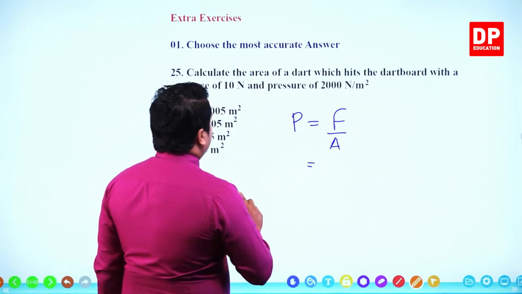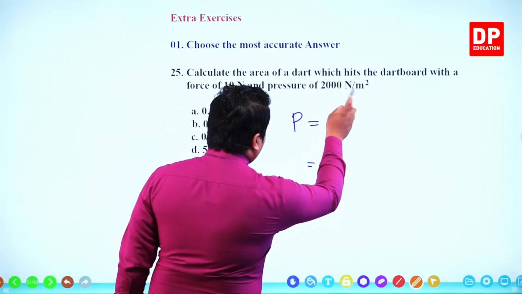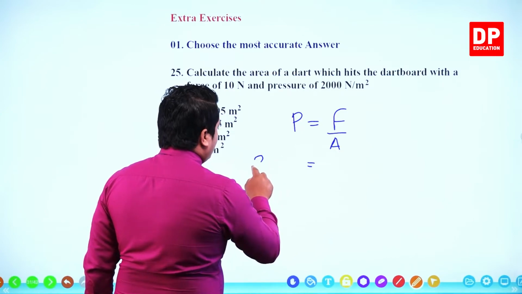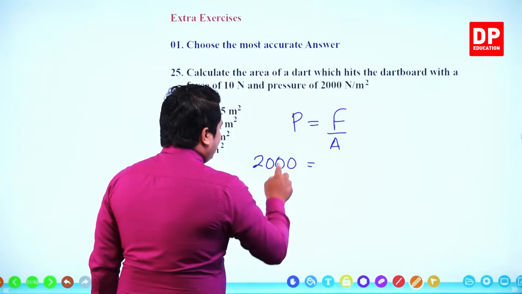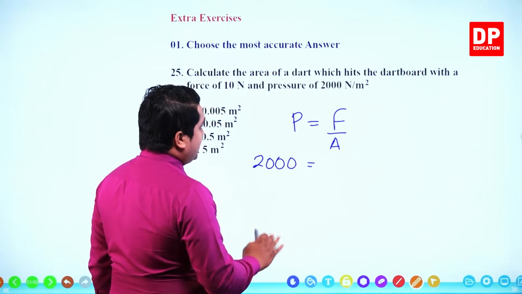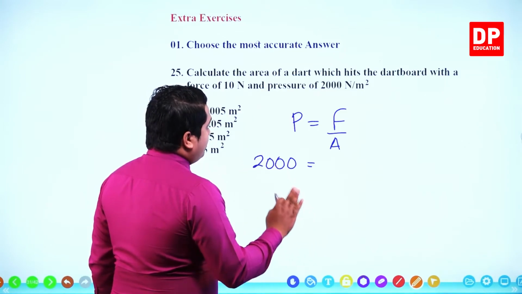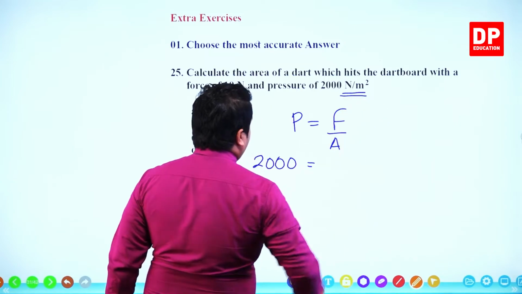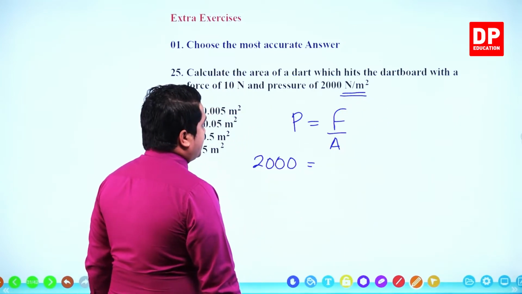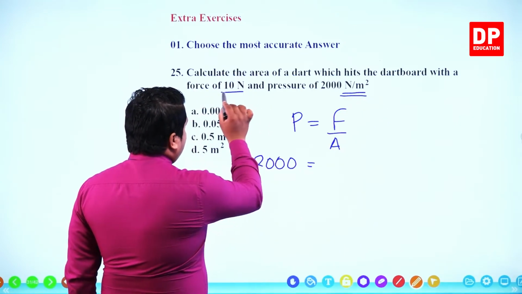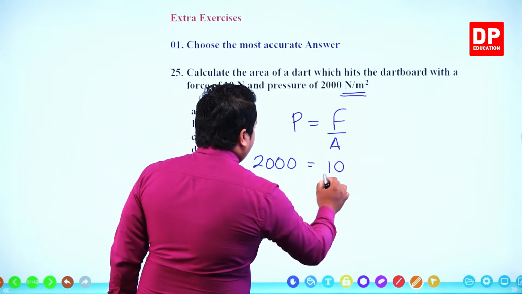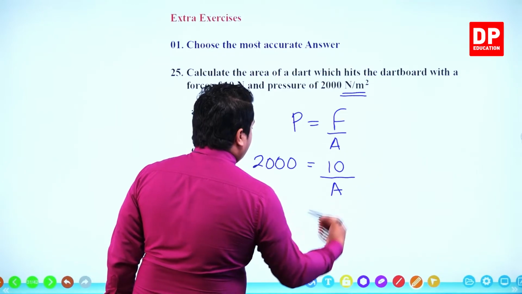Pressure is given as 2000 newtons per square meter. You can simply substitute the value without the units because it is given in fundamental units. Force is also given as 10 newtons, so no problem with that. Area you don't know.